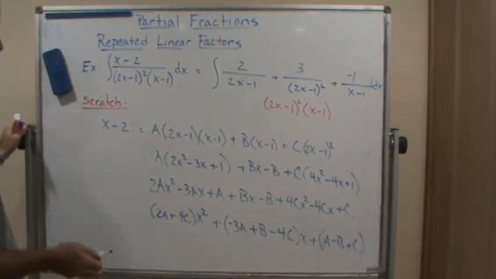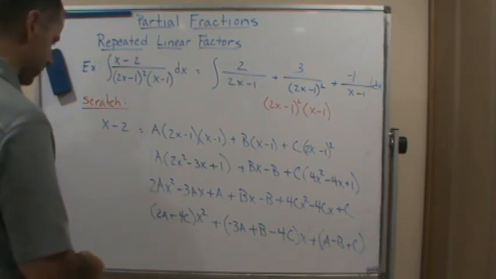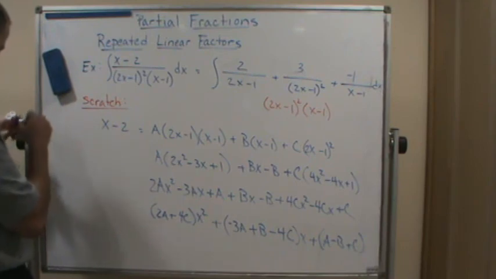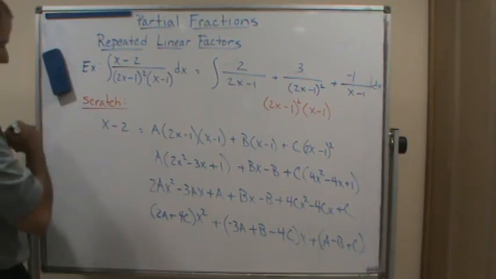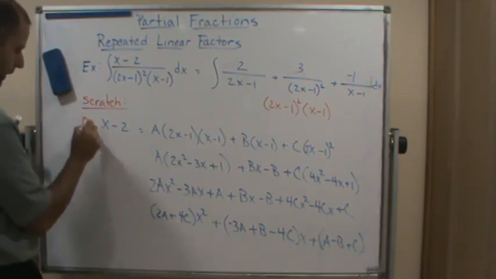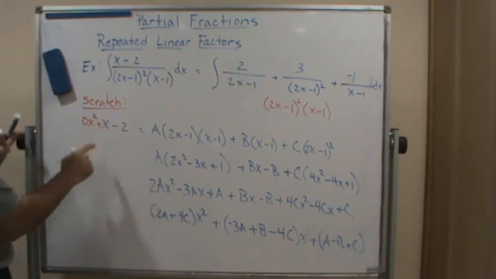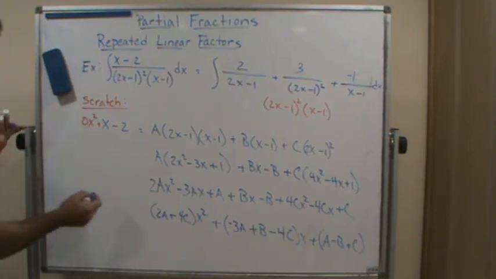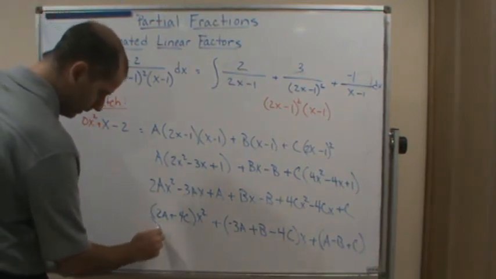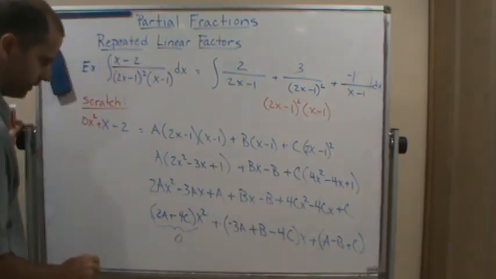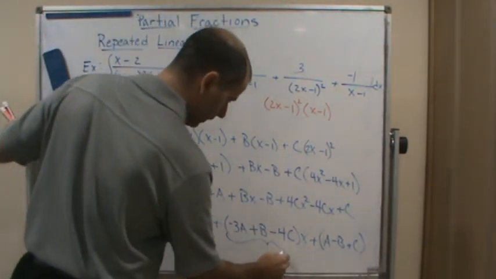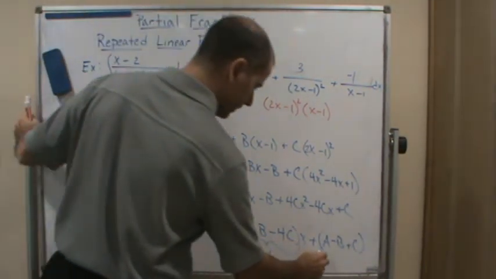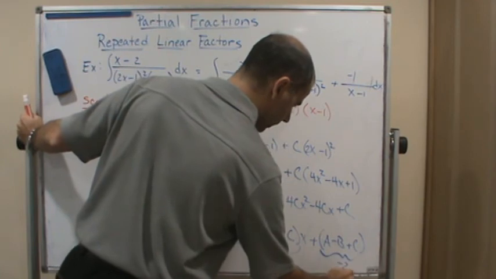And now I've got my system of equations. So here, I don't have an x squared term on the left. So think about this as a 0, right? So 0x squared plus x minus 2. So that means this has to equal 0. This has to equal 1. And the constant term has to equal negative 2.